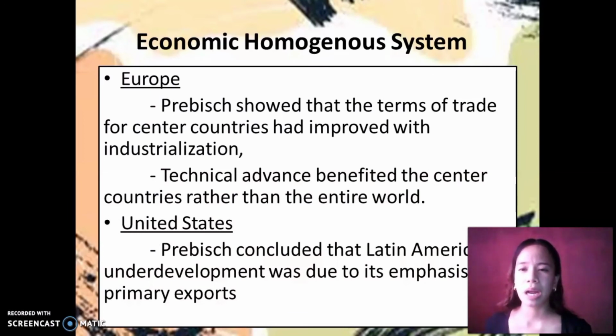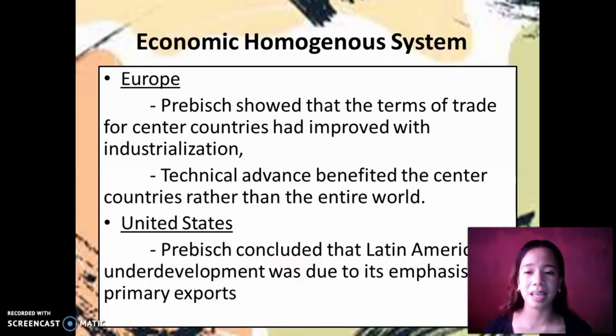So in Europe, Prebisch showed that the terms of trade for center countries had improved with industrialization. Technical advance benefited the center countries rather than the entire world. While in the United States, Prebisch concluded that Latin America's underdevelopment was due to its emphasis on primary exports.